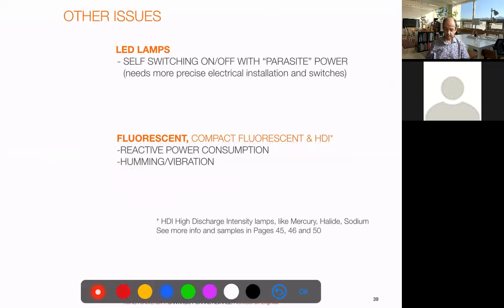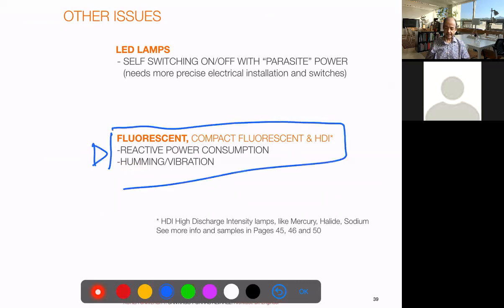So, well, this is what we were commenting on before about fluorescent. I think the paragraph is out. LED lamps have an interesting effect, the self-switching on and off with parasite power. What is that? That happens with low voltage, so low power lamps.